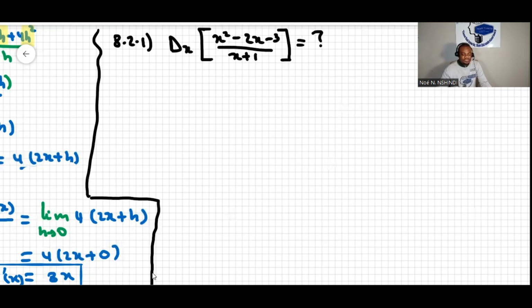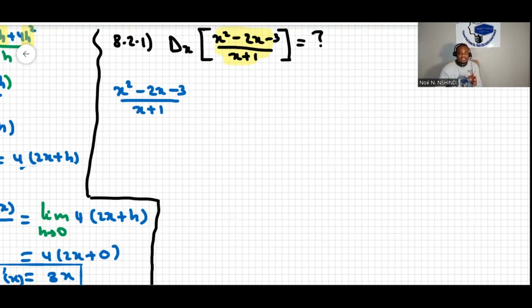Let's first consider what is in the brackets here, the function itself: x squared minus 2x minus 3 all over x plus 1.